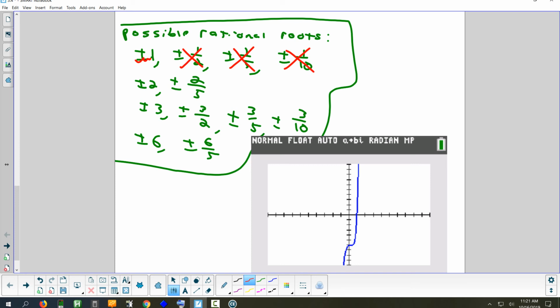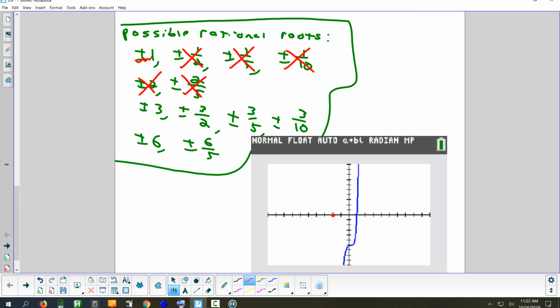How about plus or minus 2? You think, Sam? It looks like this graph is near right here? No. Or near right here? No. How about plus or minus 2/5? 2/5 is 0.4. You look close to 0.4? No. Plus or minus 3?